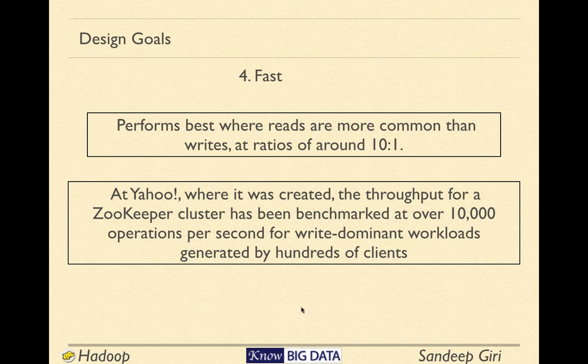Zookeeper is really fast in the sense that it performs best when reads are more common, like with any database. Okay. So at Yahoo, it was benchmarked at around 10,000 operations per second for write-dominant workloads.